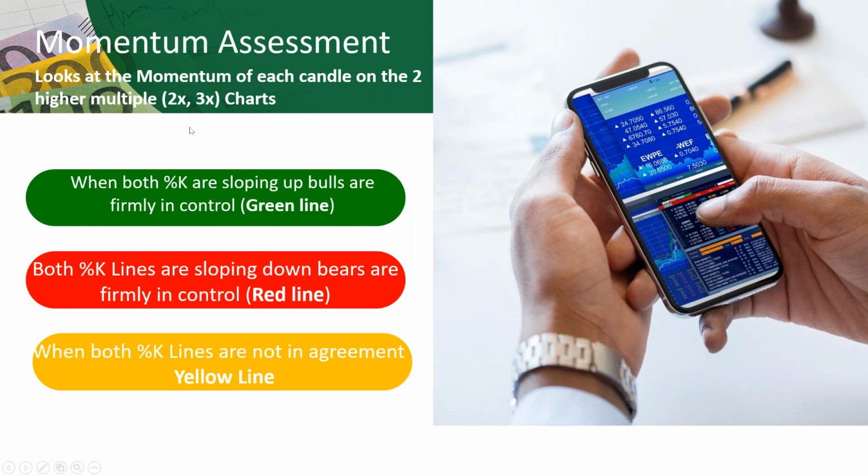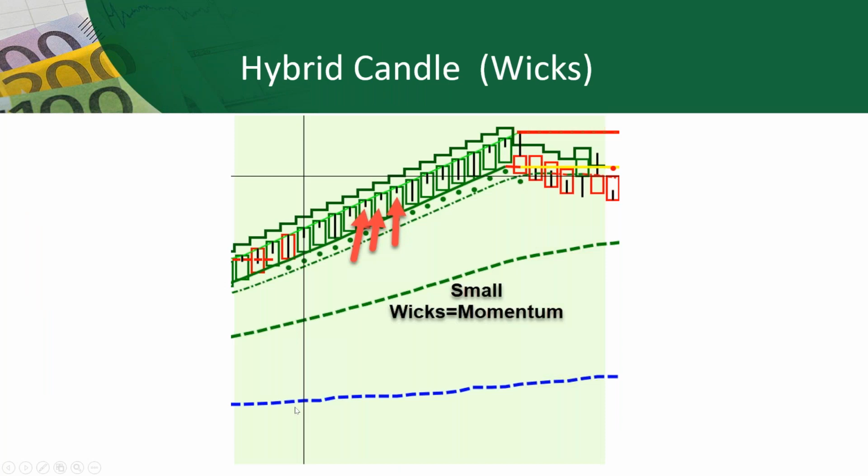Our liquidity is put in those line charts, and also our hybrid candles, which have the wicks inside of them. The wicks are very important to us because Renko bars don't have wicks. They're just hollow. And if you want to know where price is in the bar, you have to look at your right scale to see where price is.